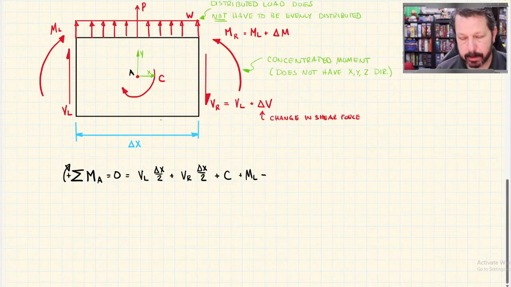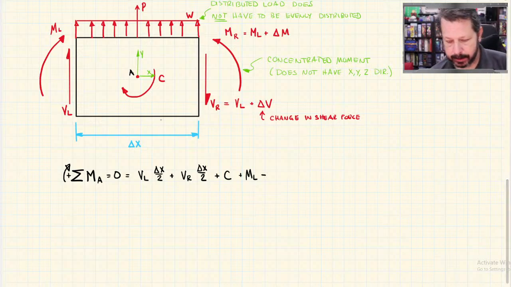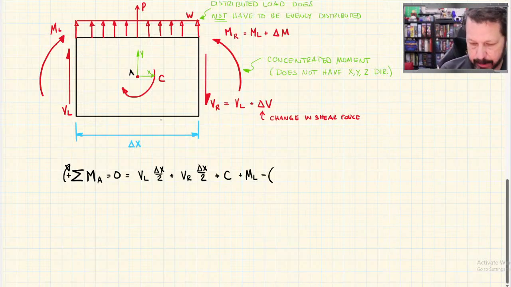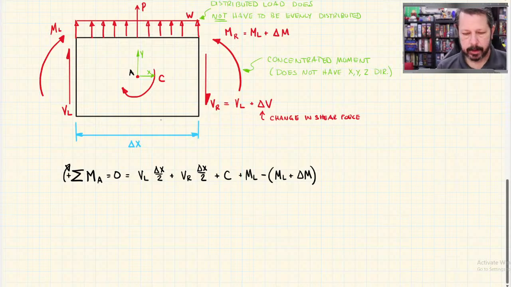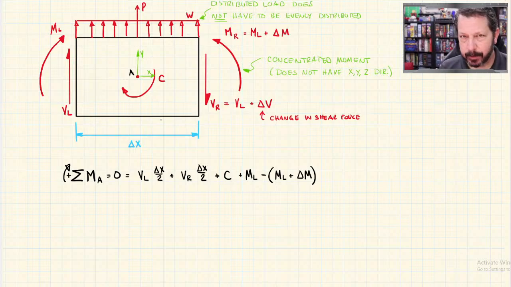Minus, now here I am interested in changing moment, so I'm going to use the ML plus delta M version. So minus, because it's going counterclockwise, ML plus delta M. And then the point load does not create a moment about C, but the distributed load could. So there's a lot of ways we could handle this.